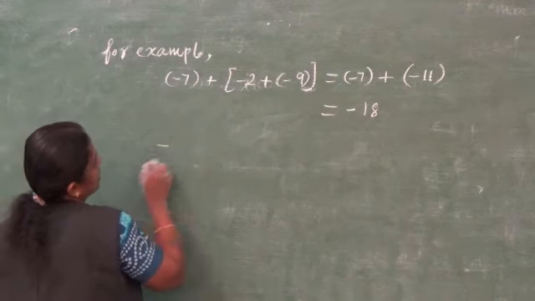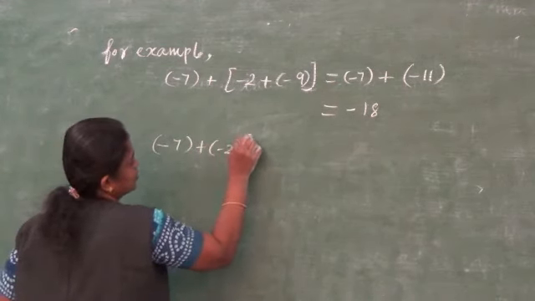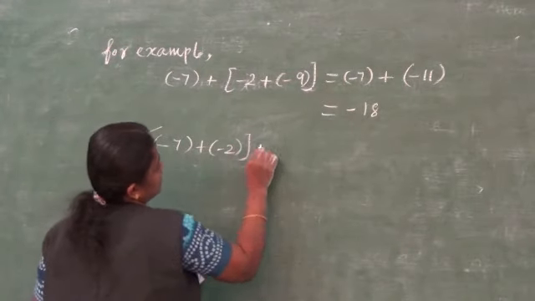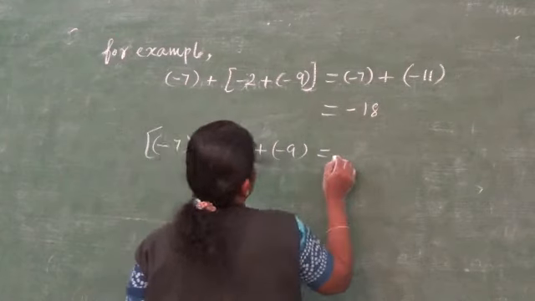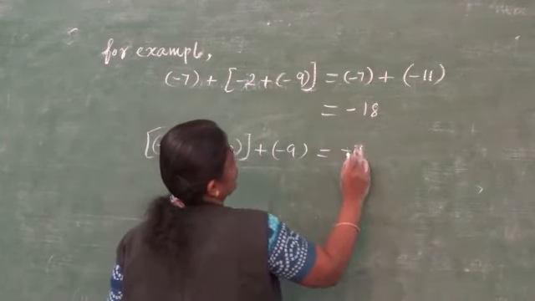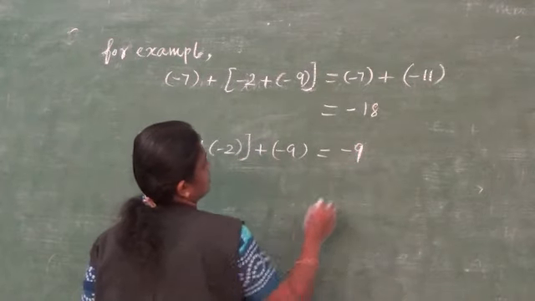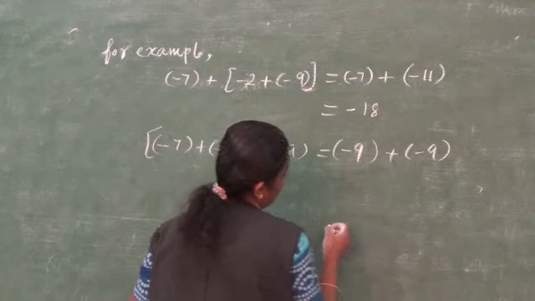Now, I am changing the order here. Minus 7 plus minus 2, plus minus 9. If you are adding minus 7 plus minus 2, you are getting minus 9 plus minus 9. Here both the numbers are negative.